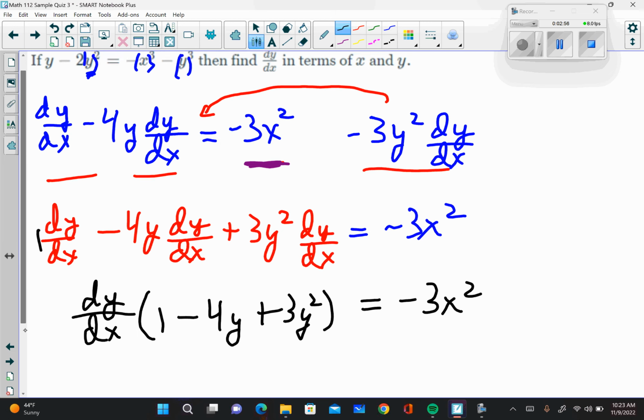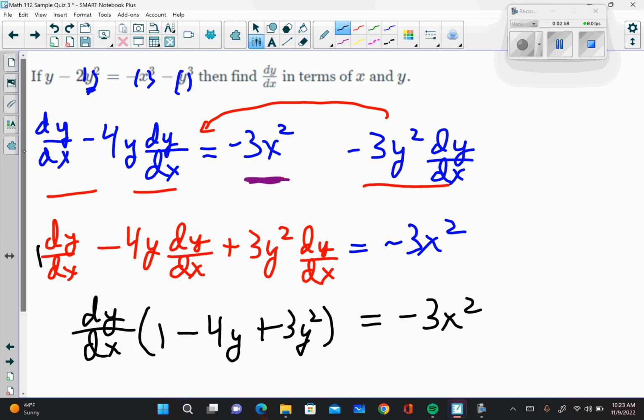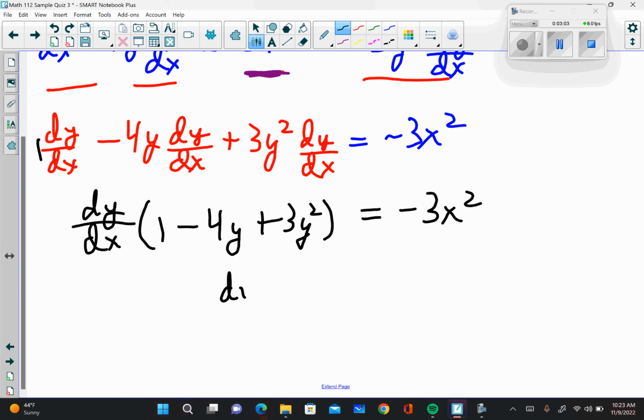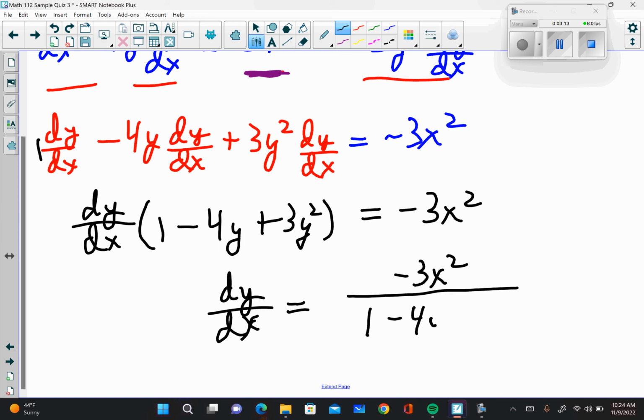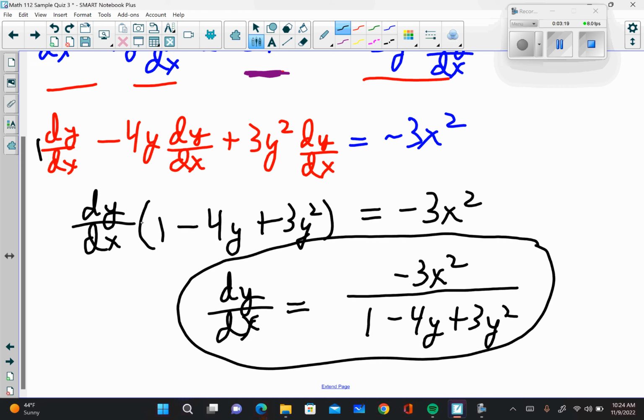And the last thing we do is to answer the question. We say the derivative of y with respect to x is what's written on the right side divided by all of this stuff in the parentheses. Dividing both sides of the previous equation by 1 minus 4y plus 3y squared.